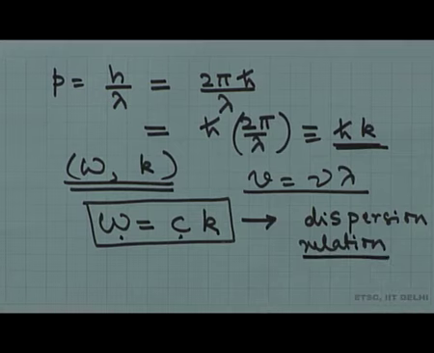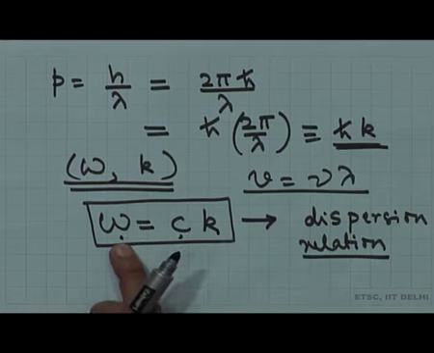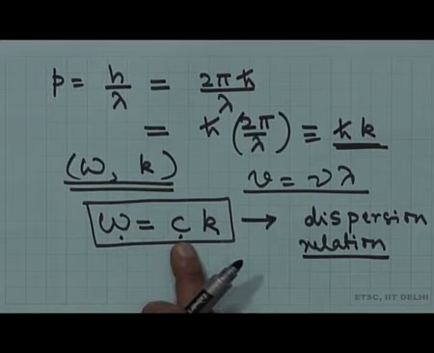So what is this telling us? This is telling us that as you keep on changing your wave number, that is, as you keep on changing the momentum of the photon, my omega also keeps changing, that is, the energy also keeps on changing, such that the speed is always the same.